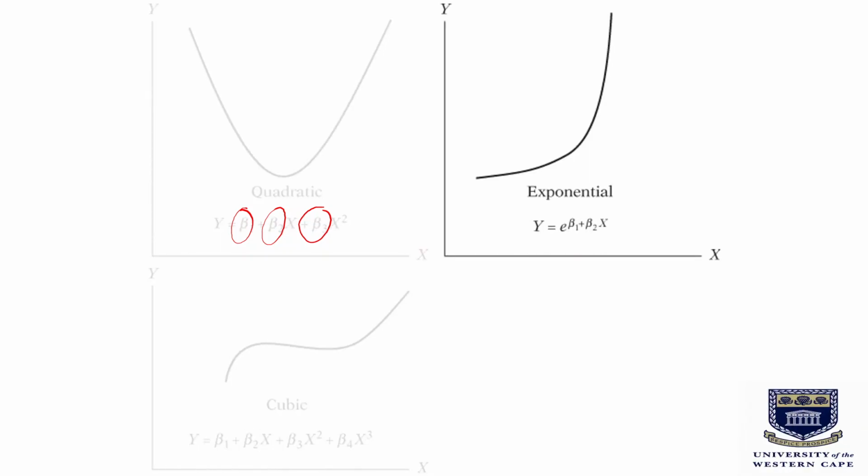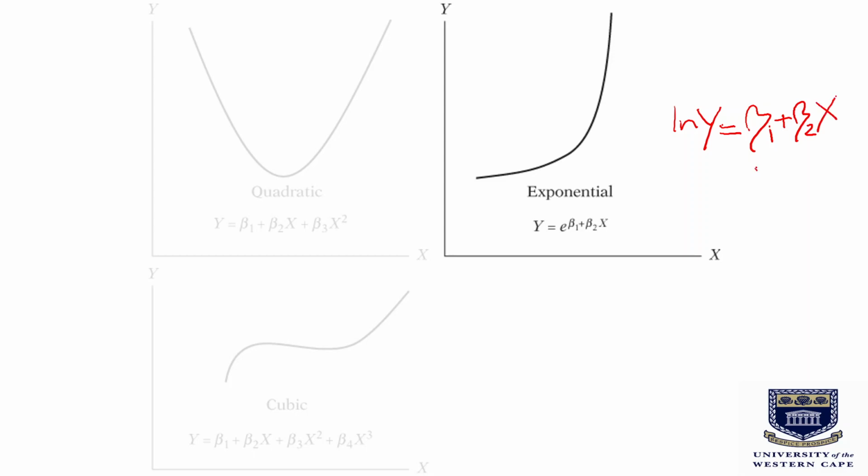Now over here, in the next panel, we have an exponential function. Now, as it's specified over here, the betas are not linearly related to y. However, we can do a transformation on this function. So if we take the natural log of both sides of this function, we end up with ln y equals beta 1 plus beta 2 x.